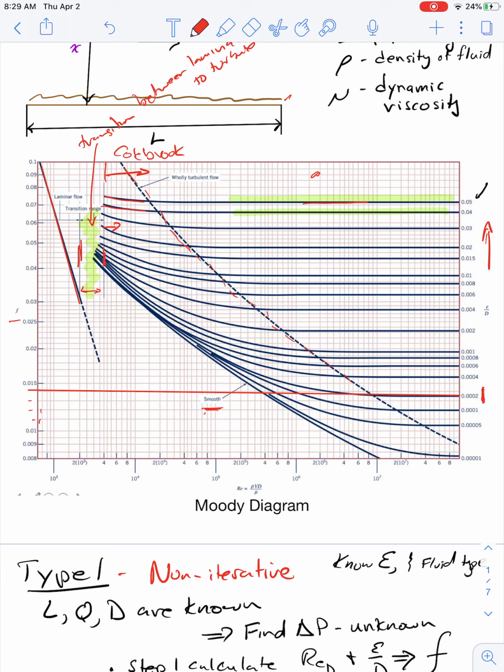We have a value that's just less than 0.015, and that step below it gives us a value of about 0.0135, maybe about 0.014, we could say.